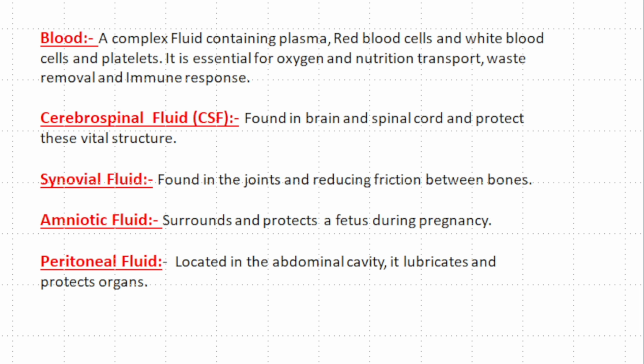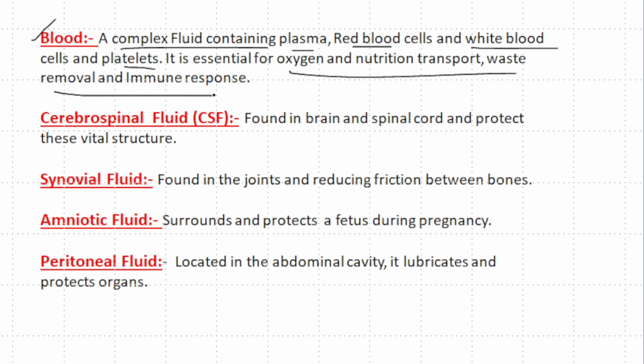Then blood, a complex fluid containing plasma, red blood cells, white blood cells and platelets. It is essential for oxygen transportation, nutrition transportation, waste removal and immune response. Then CSF, or cerebrospinal fluid. It is found in the brain and spinal cord and protects these vital structures.